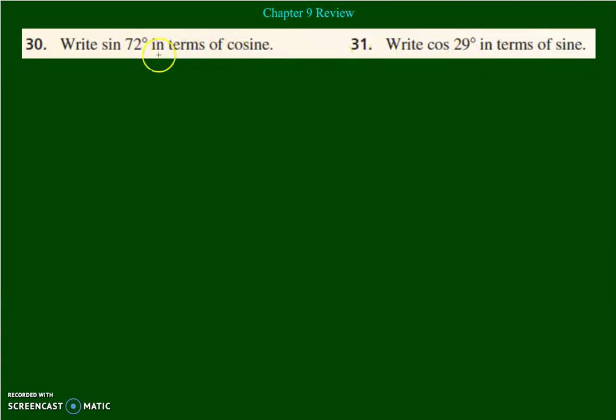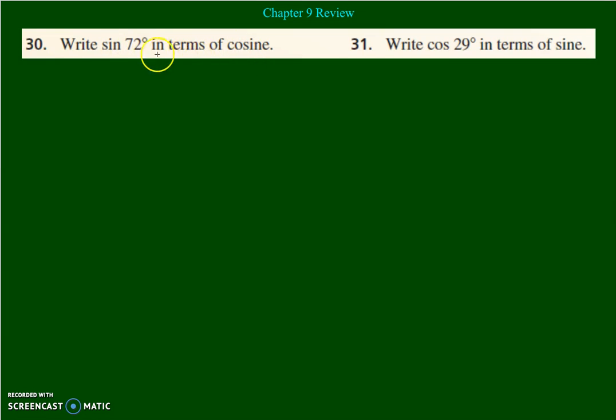Now in these two problems, they're asking us to use the cofunction identities. And what that means, remember in class we talked about sine and cosine. The co in front of sine can be taken for the complement.